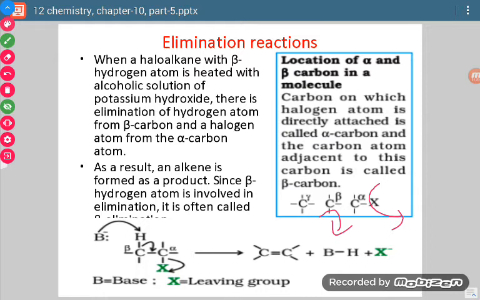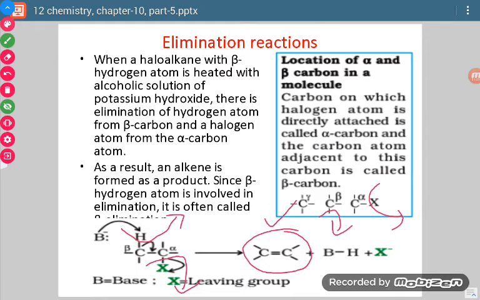Now if we take any alkyl halide and we perform this beta elimination reaction, then there will be formation of an alkene. This halo group will go out, and similarly one more group attached with beta carbon will go out, and the resulting product will be an alkene.